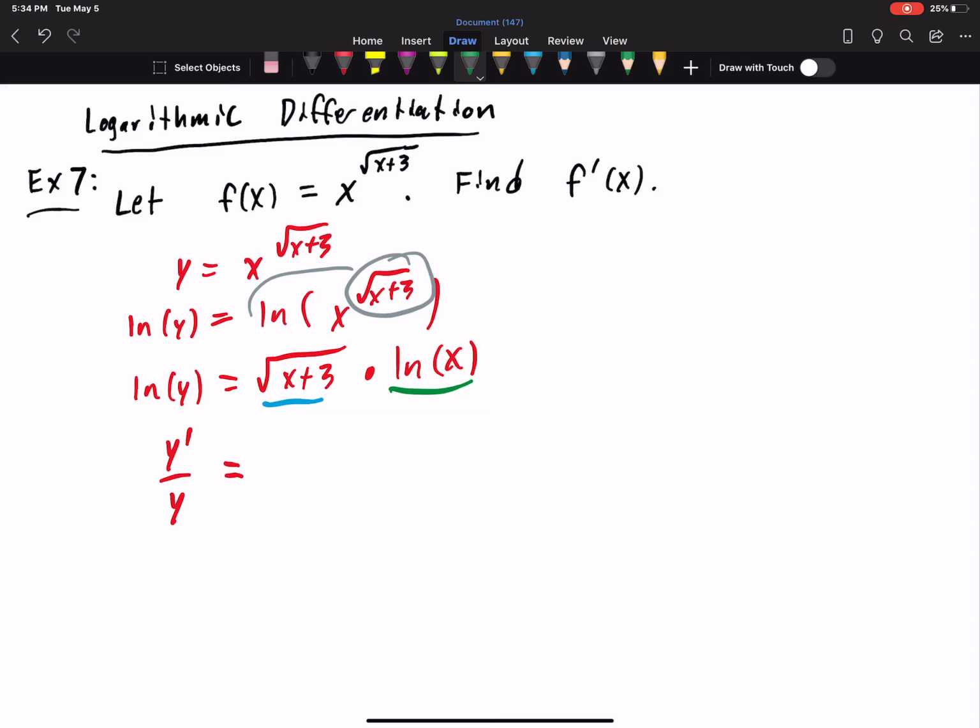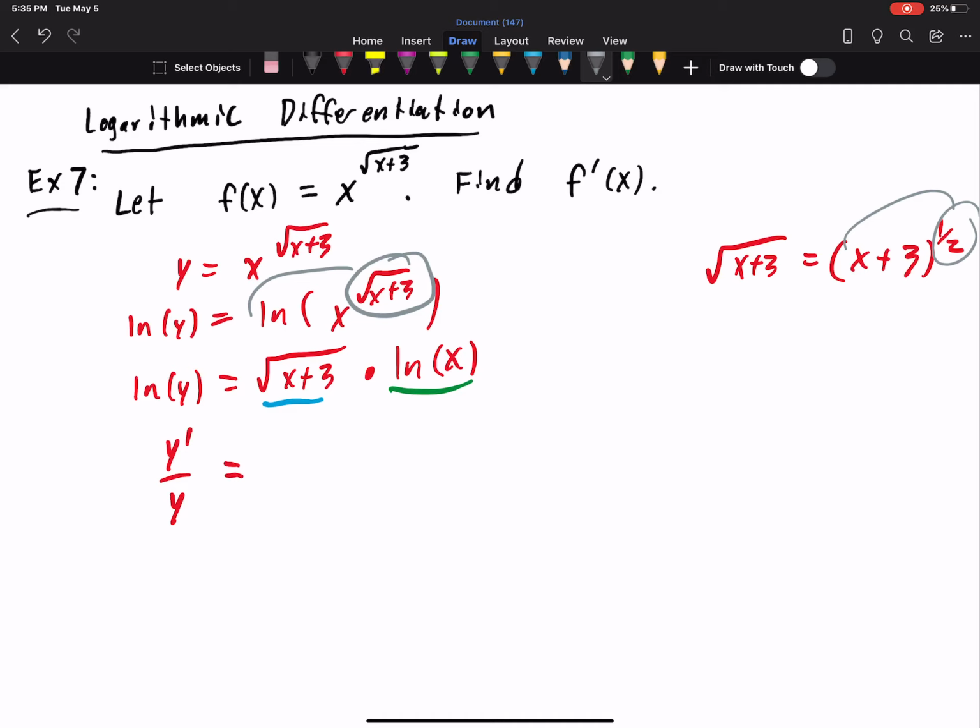Deriving the first function. Now this is going to require a little bit of effort here, because note this is kind of like side work over here. Square root of x plus 3 is equal to the same thing as x plus 3 to the 1/2 power. So when we go to derive that exponent, that 1/2 gets pulled down in front, subtract 1 from the exponent, and you're done with the derivative of the outside.